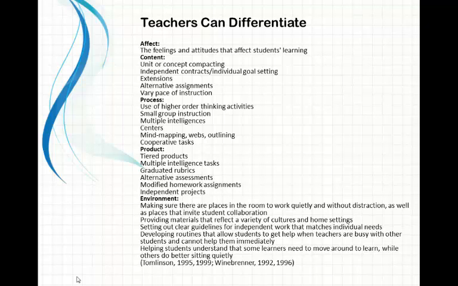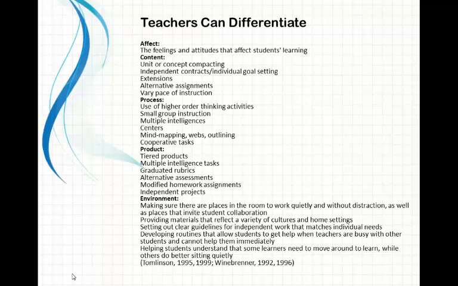Process: use of higher order thinking activities, small group instruction, multiple intelligences, centers, mind mapping, webs, outlining, and cooperative tasks. The product that should be produced: tiered products, multiple intelligence tasks, graduated rubrics, alternative assessments, modified homework assignments, independent projects.